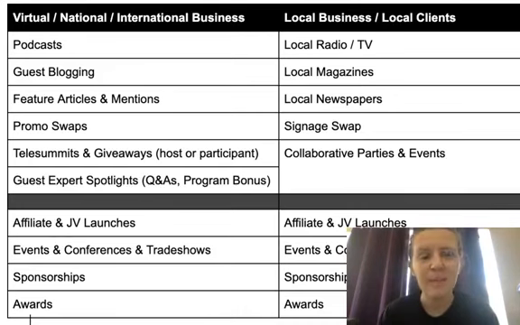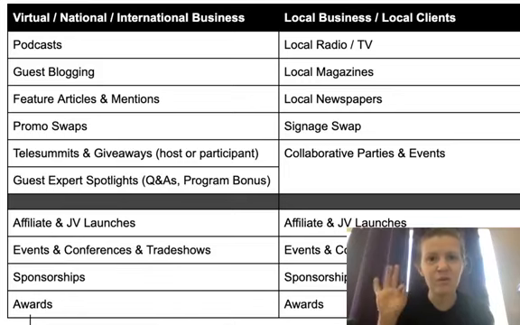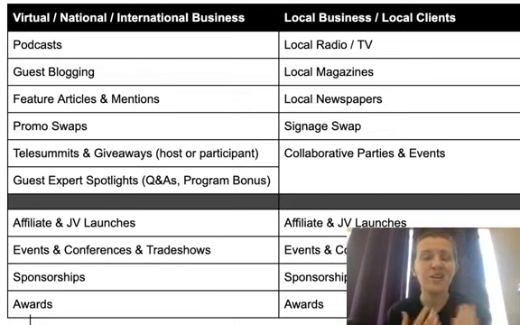We talked a little bit about this yesterday, that local businesses are a little bit different in terms of what makes sense for them traffic-wise because they're targeting a very specific local niche. Virtual, national, international businesses, we can get away with a little bit more. We have more options available to us because typically our client is a little bit broader. So there's more traffic streams that we're capable of tapping into, and what makes sense for us is different than what's going to make sense for a local business.